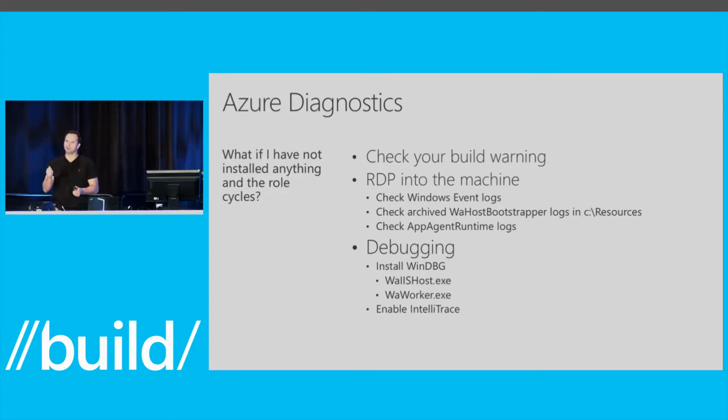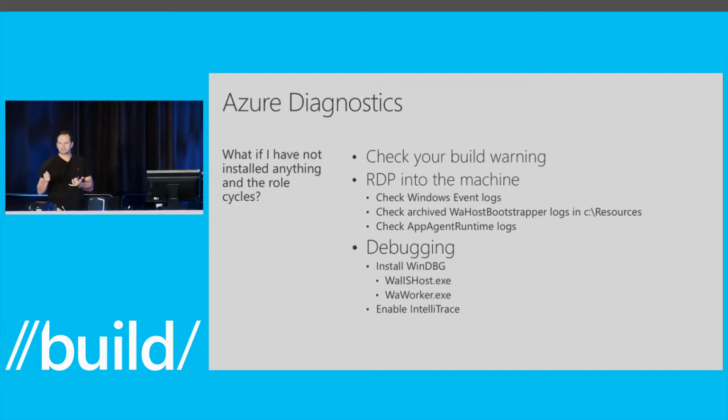But if you have forgotten to do it, or you didn't want to do it, the portal now uses an extension as well, so you can just enable remote desktop on your roles at any time. And then you basically go into your instance, you check the Windows event logs. Usually it's a very, very good source of information, especially if something went wrong.